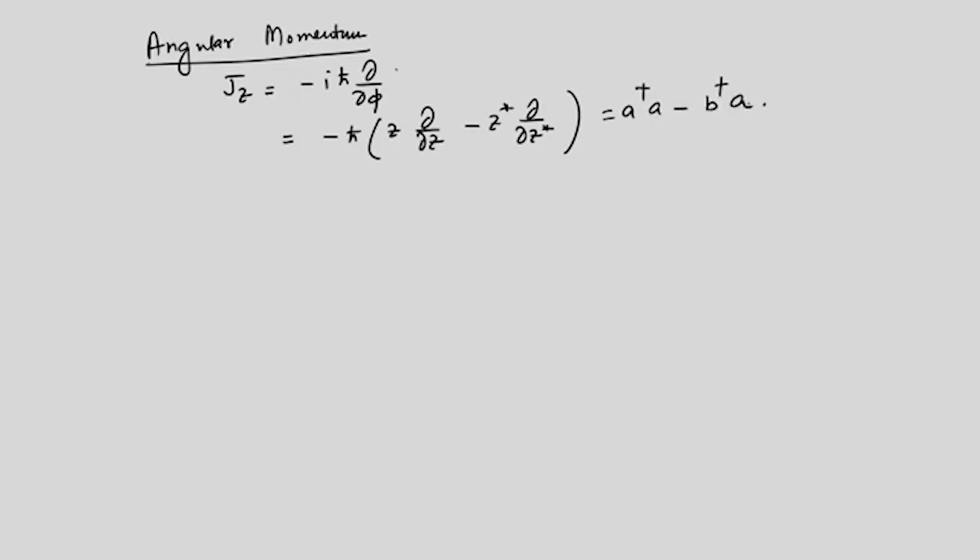Okay. So, that is the form of this Jz, and the eigenvalues of Jz are minus m h cross, and m varies from minus n to plus n. Okay.